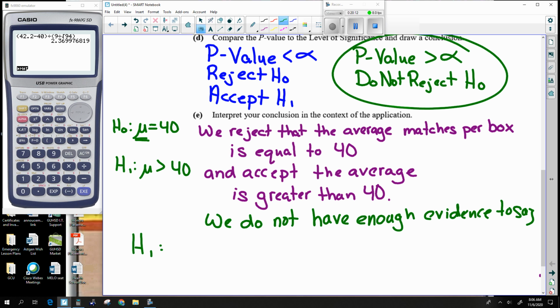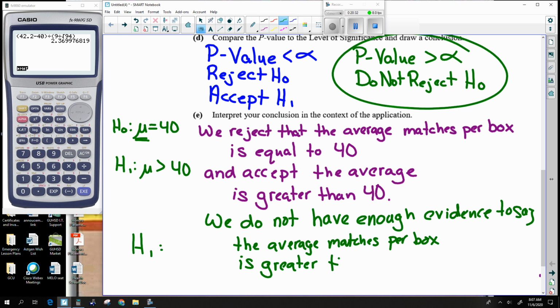Then we say we do not have enough evidence to say H1. And H1 is the average matches per box is greater than 40. We don't say anything about H naught, okay? It's just we do not have enough evidence to say H1. That's what we'd say in that alternate world.